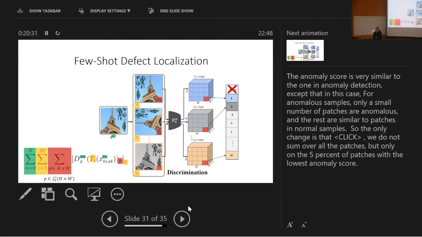We don't need to count all the patches, because most of the patches will be from the normal class. So the only change is that we don't sum over all patches, but only over the 5% of patches that receive the lowest score. We assume that these patches represent the anomalous area.